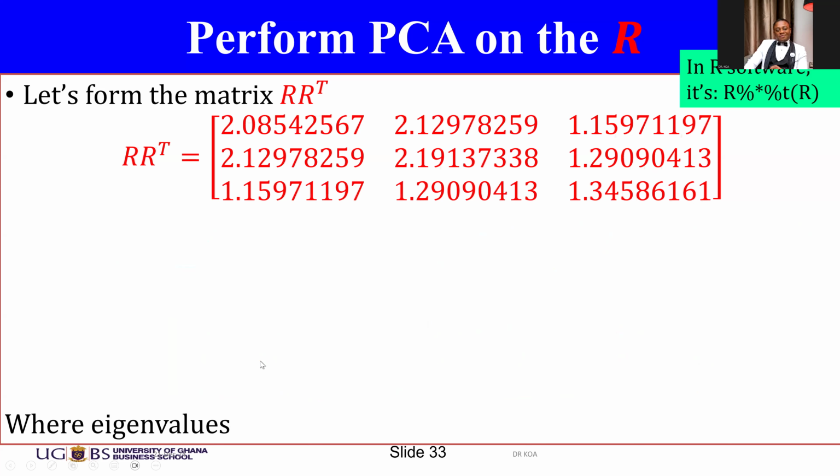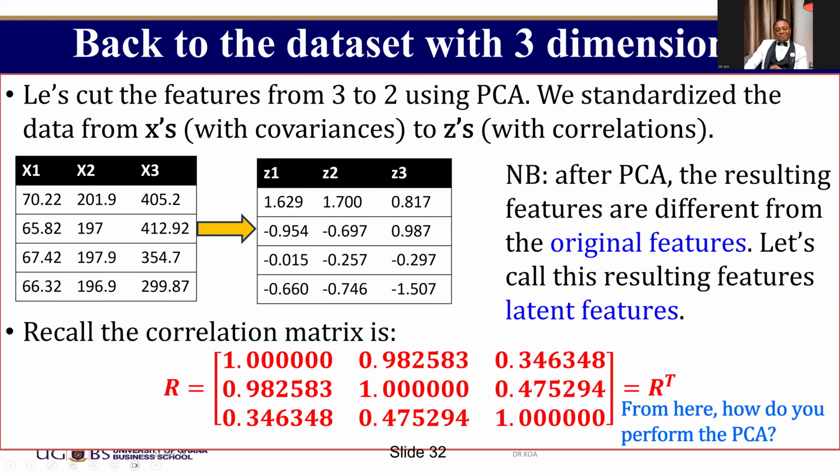And what we will do is this, watch it. We will take that U1 and multiply it by 1.6, 1.7, 1 point that, and then we'll be able to get the first principal component. That's how you do it. And I'm going to do that with you, so don't worry.